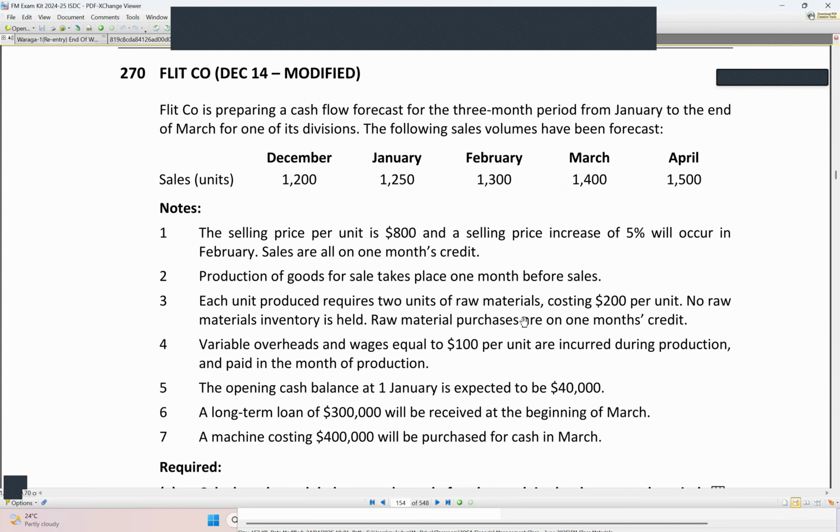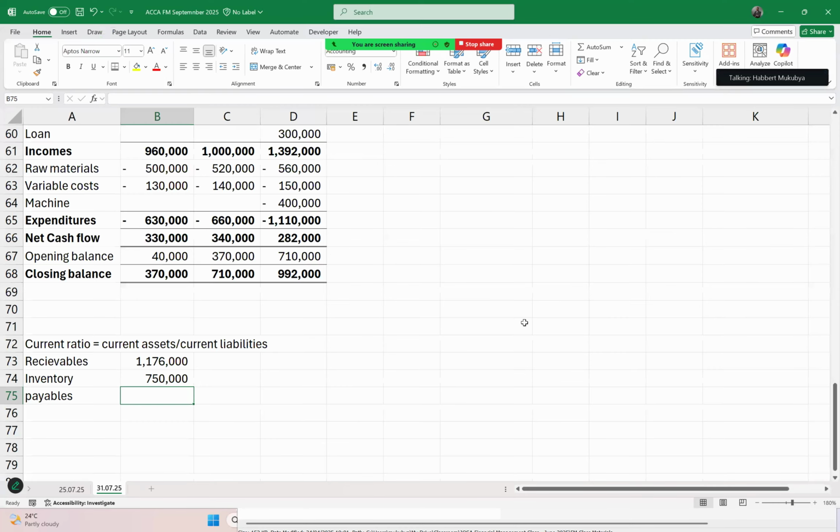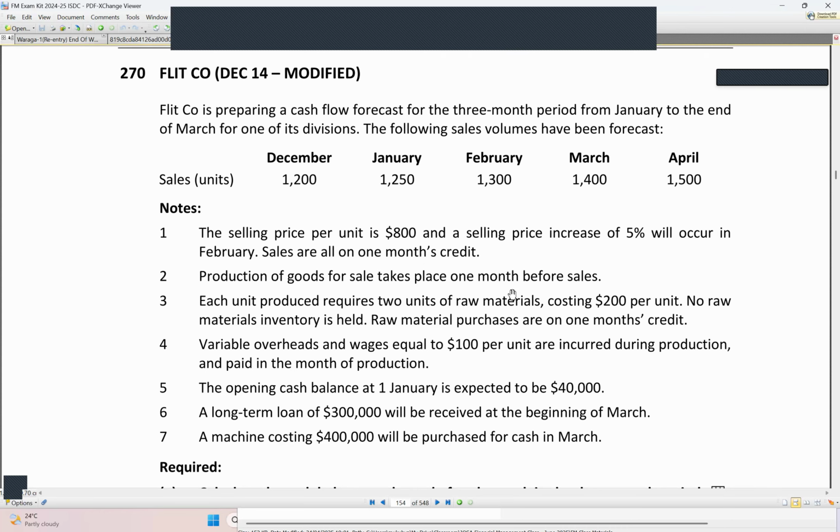And now the payables, because remember for the payables, we have, remember that the raw materials of April are made in, we're producing in March, but we are paying in April. So that means that we have that amount pending. So this can't just be the raw materials of April.